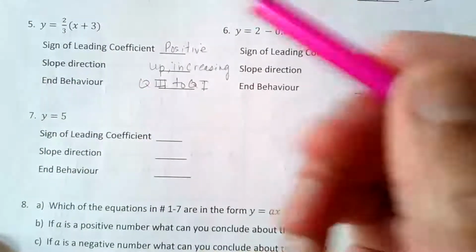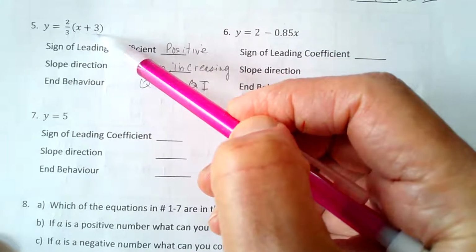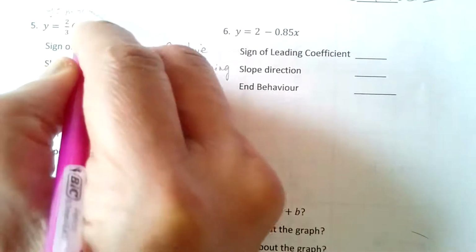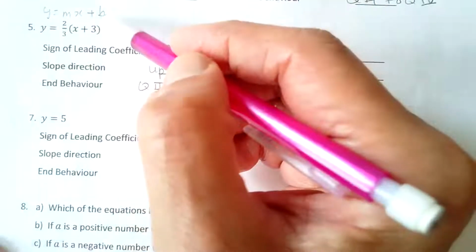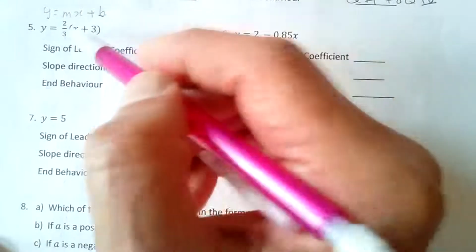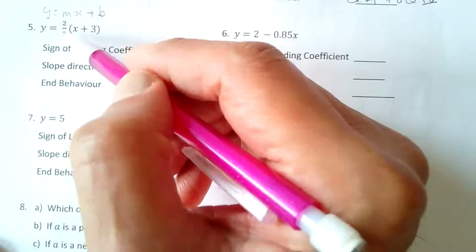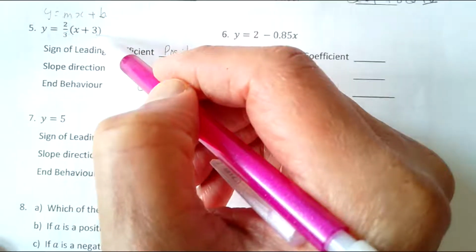Now, if you look at this question here, the y-intercept is not 3. Remember, we had the basic form of the equation of a straight line. This is your y-intercept. But this is not written the same way. To write it in this form, I now have to multiply the common factor, 2/3 times x and 2/3 times 3.